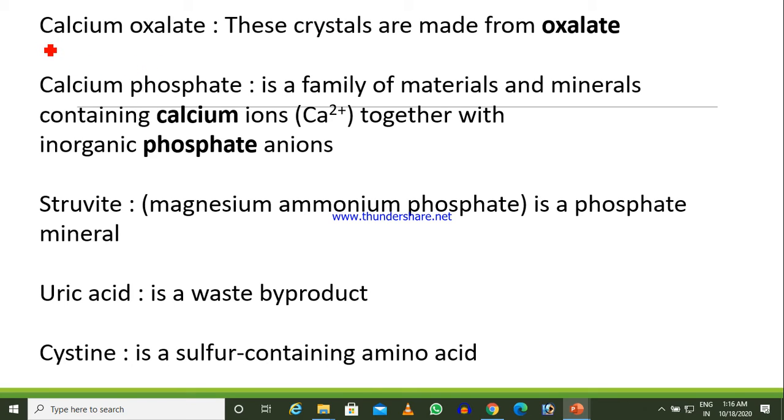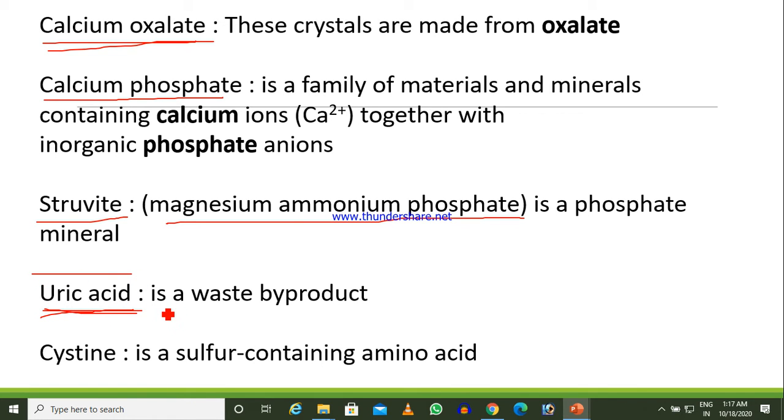So normally the renal stone composition is calcium oxalate. Otherwise it will be calcium phosphate. It may be struvite, which is basically magnesium ammonium phosphate. It may be uric acid. So if your protein intake is more, this uric acid will develop in your body.